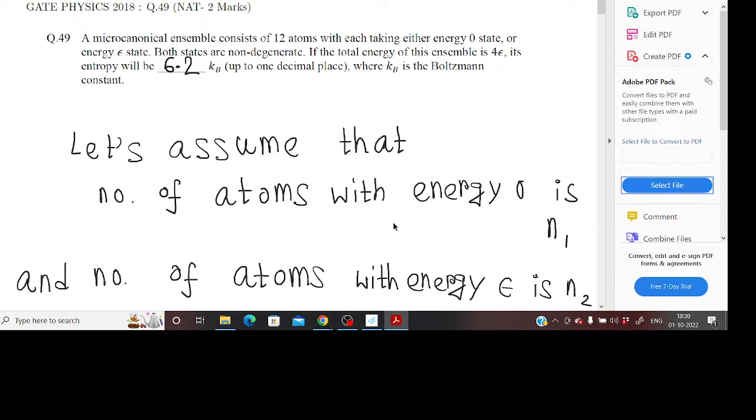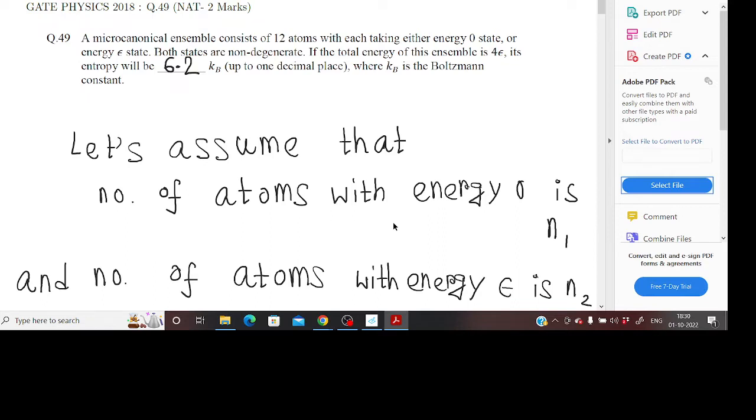So in this question we had 12 atoms. A microcanonical ensemble consists of 12 atoms, with each taking either 0 state or the energy epsilon state. So each atom can occupy any one of the two possible energy states with energies 0 and epsilon, right?